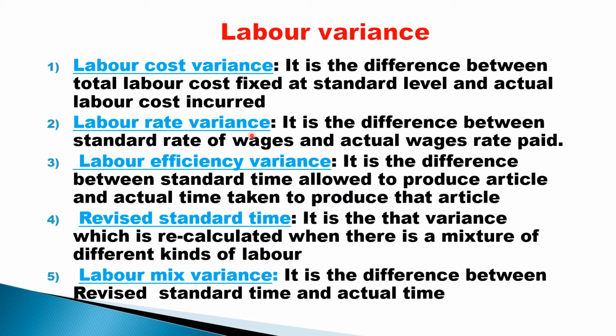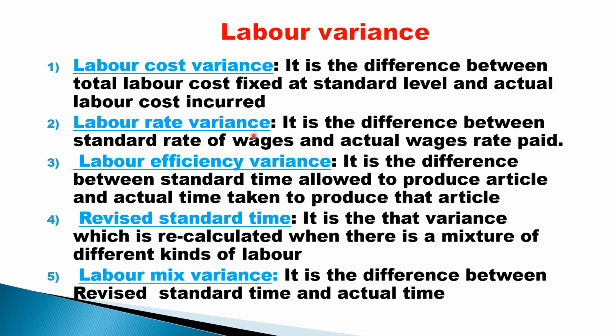Labor rate variance. See students, for each labor we fix an hourly rate. For a skilled worker, it's 100 rupees per hour. Unskilled worker, 70 rupees per hour. Sometimes we pay the labor wages on an hourly basis. If they work 5 hours or 8 hours, we pay so much.